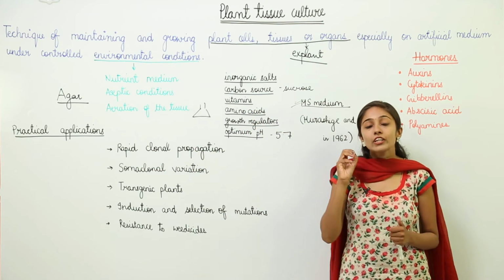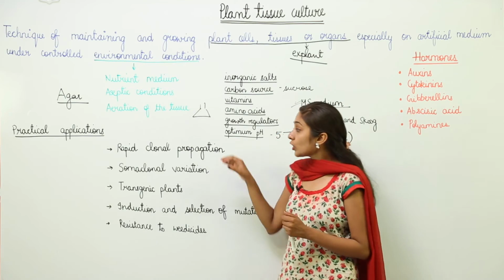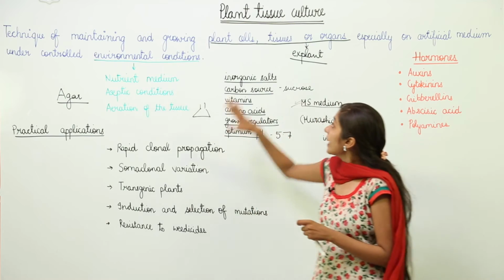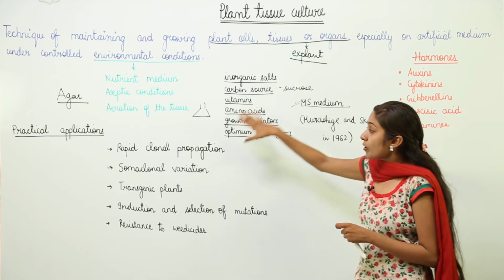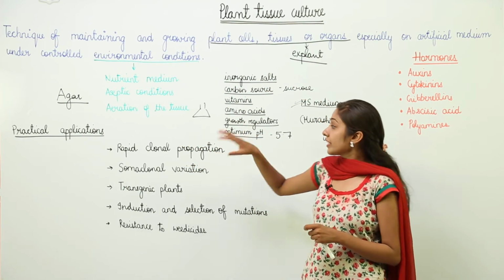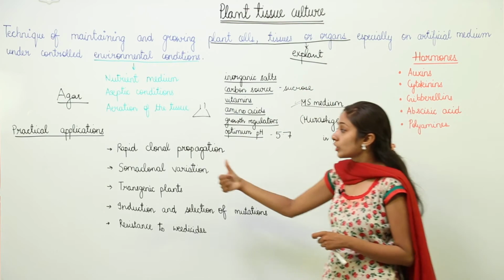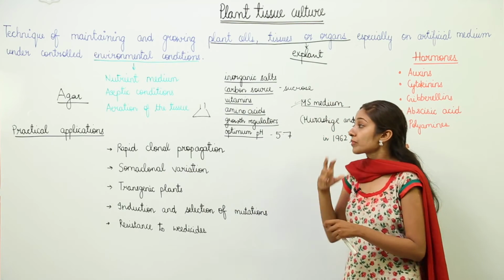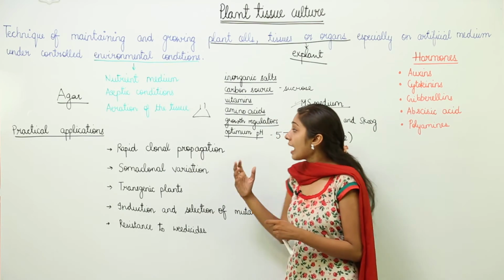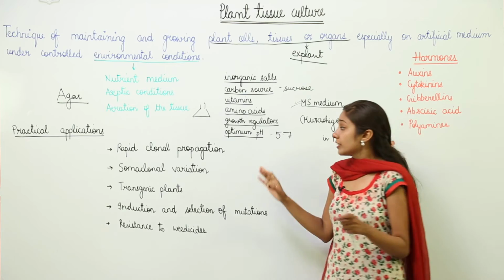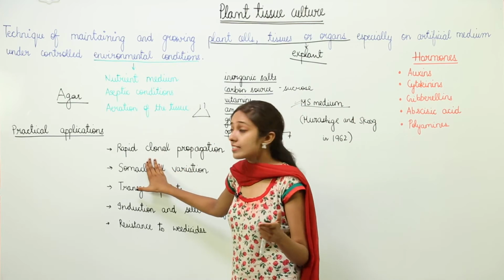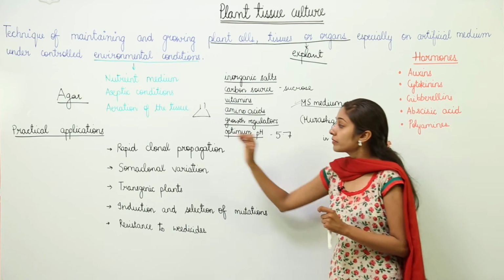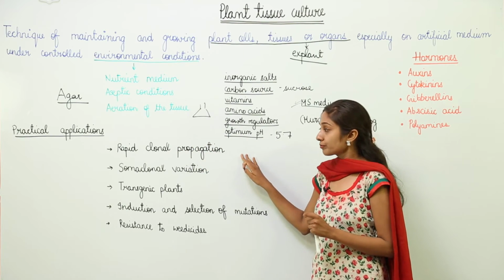Now I hope that you know what a clone is. A clone is a group of cells or tissues that we get from the same explant. So with rapid clonal propagation, we can generate clones which have the same genetic composition by using plant tissue culture.